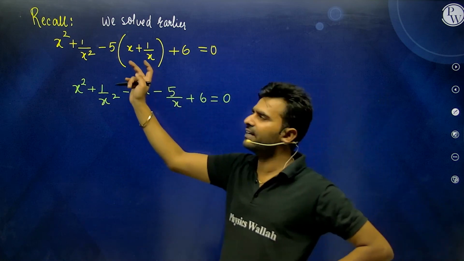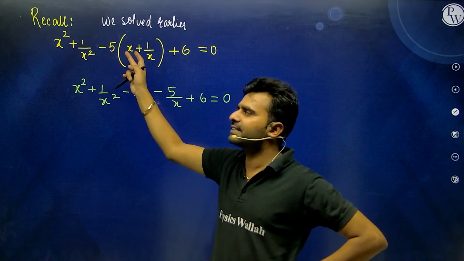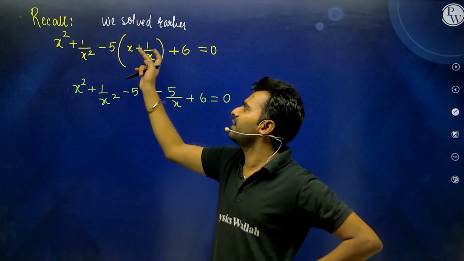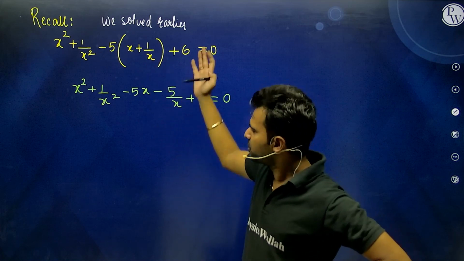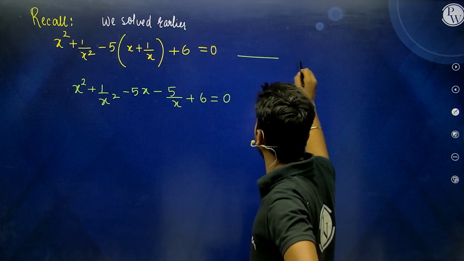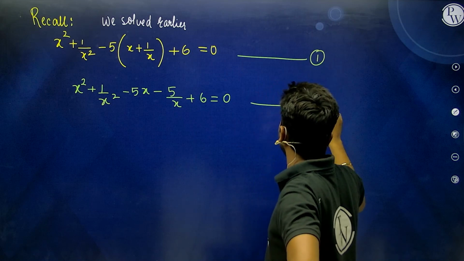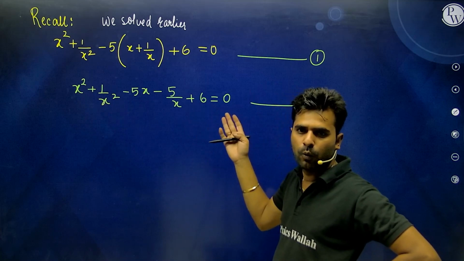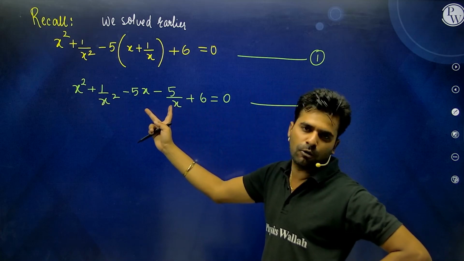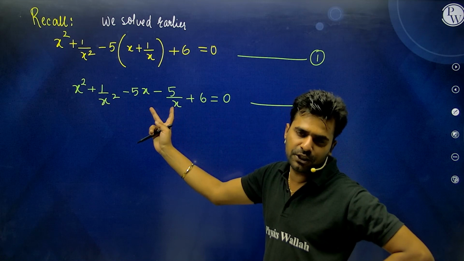What we have done is multiplied minus 5 with x, giving minus 5x, and minus 5 with 1 by x, giving minus 5 by x. So both of these problems are the same. Now onwards, if I give you a problem like this to solve, what will you do first? You take the common thing from these two terms.